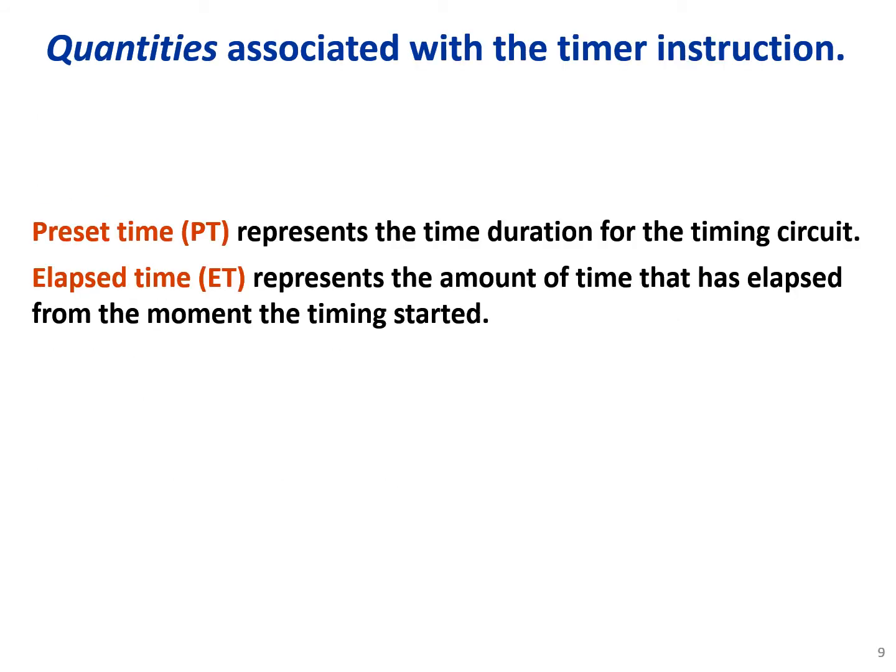Quantities associated with timer instruction: preset time, or PT, represents the time duration for the timing circuit, and elapsed time, ET, represents the amount of time that has elapsed from the moment the timing started.